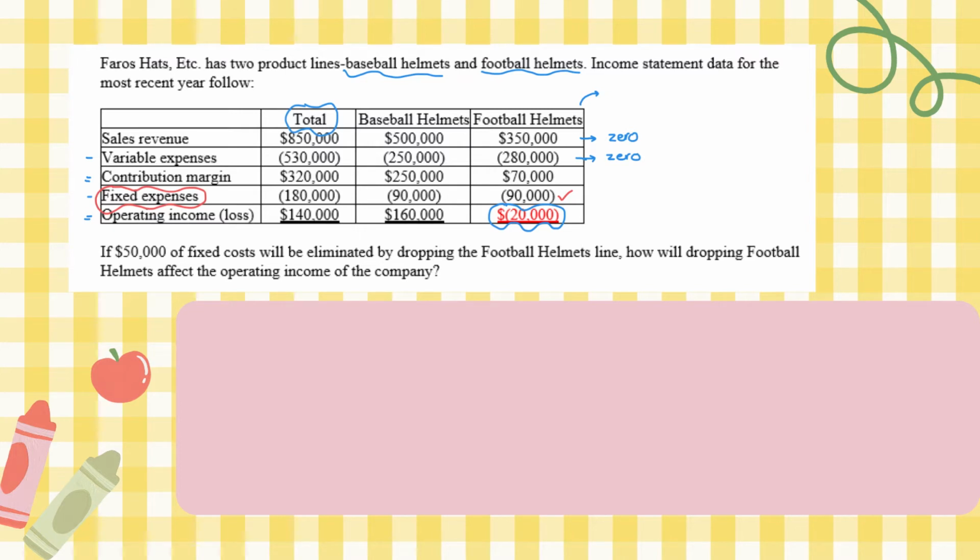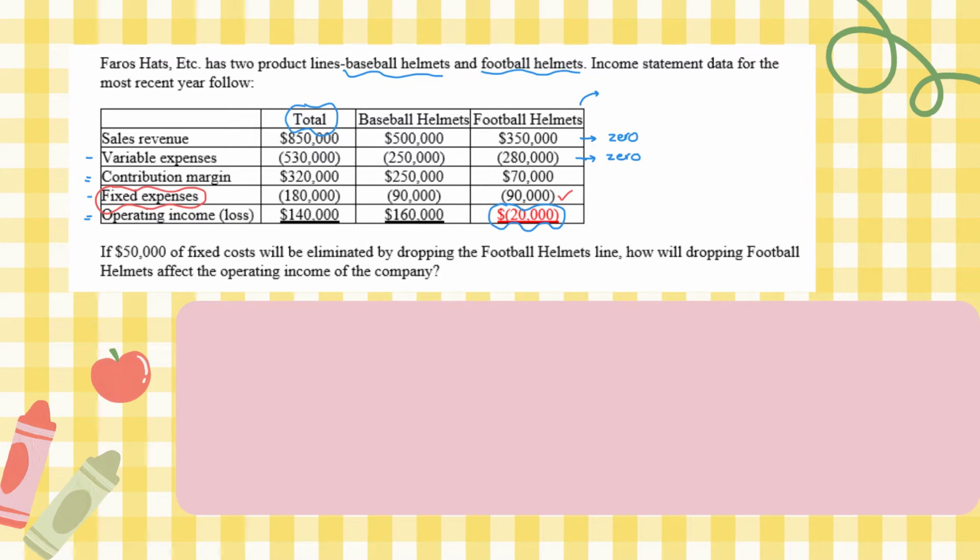Direct fixed expenses means it's directly related to this line, so if you drop this line, you're not gonna pay it. Allocated fixed cost is like the rent of the factory. You are allocating this cost to all the projects you have, so even if you drop this line, you're still gonna pay this amount. So he needs to mention if it's direct or allocated.